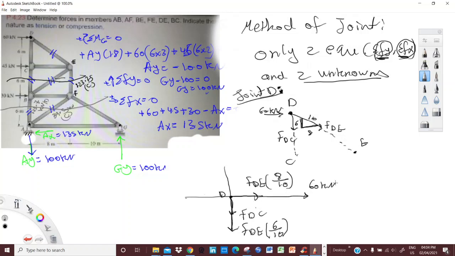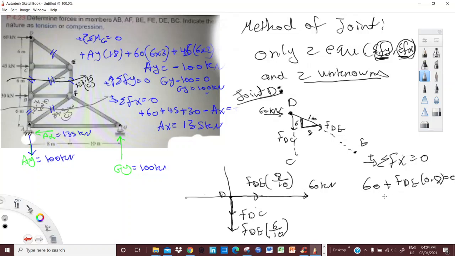Let's do summation of force Fx equal to 0. Right side is positive. So I have 60 plus FDE times 0.8, which is equal to 0.